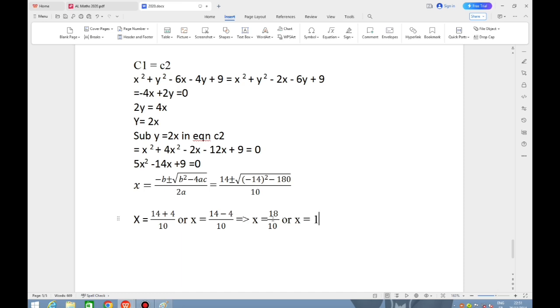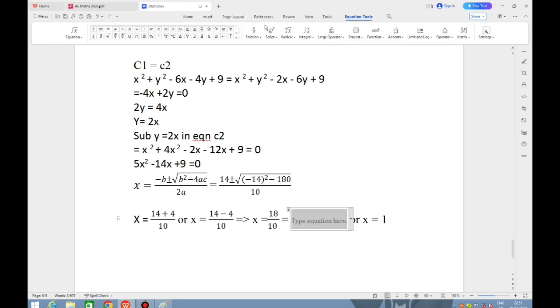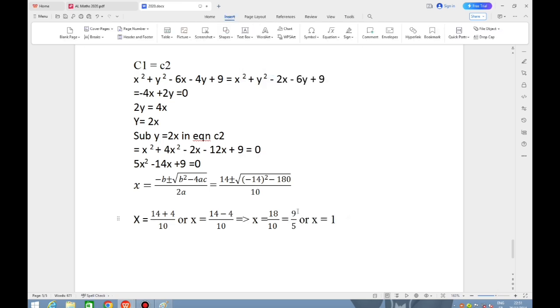Now these are the two values of x. This can be written as 9 on 5. So x is equal to 9 on 5, or x is equal to 1. Those are the two possible values of x.